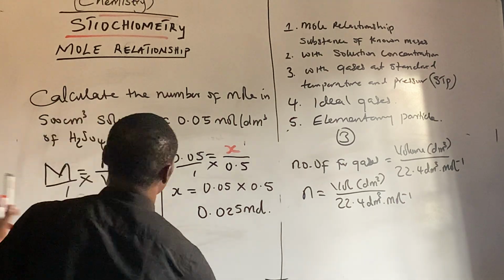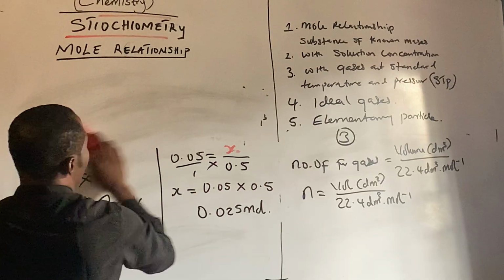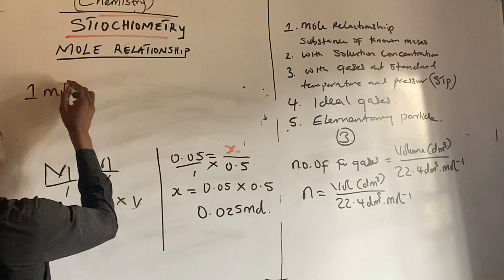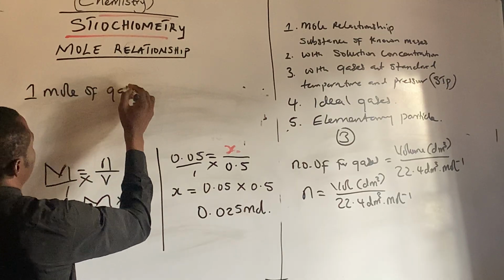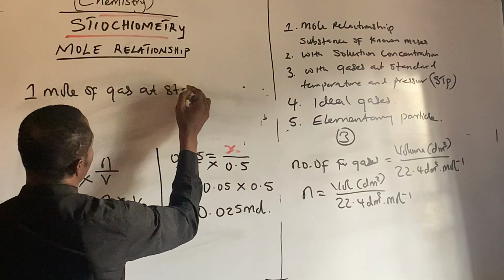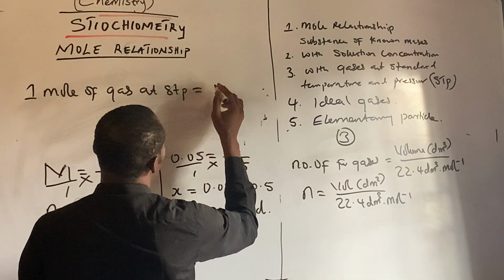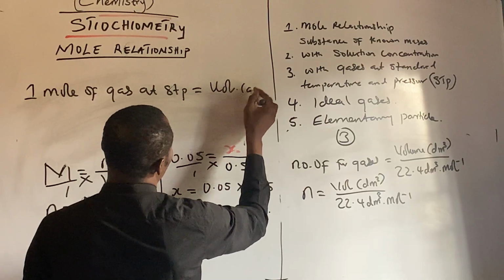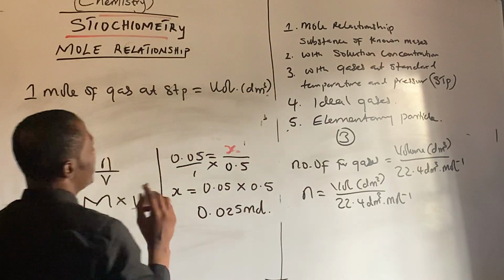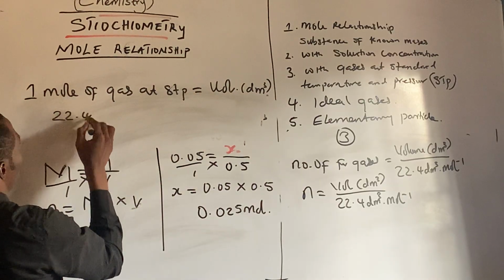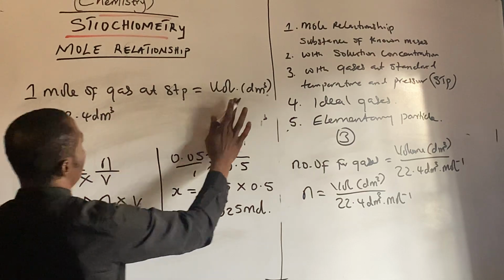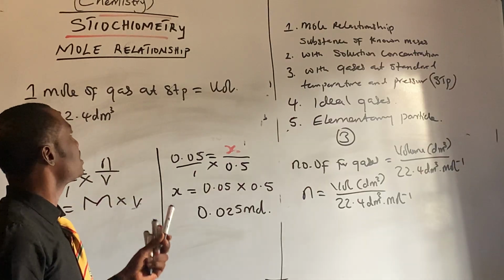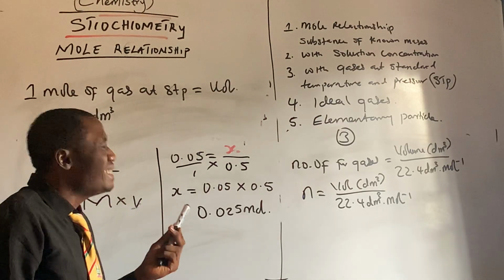This is because for any gas, 1 mole of gas at STP contains a volume of 22.4 dm3.